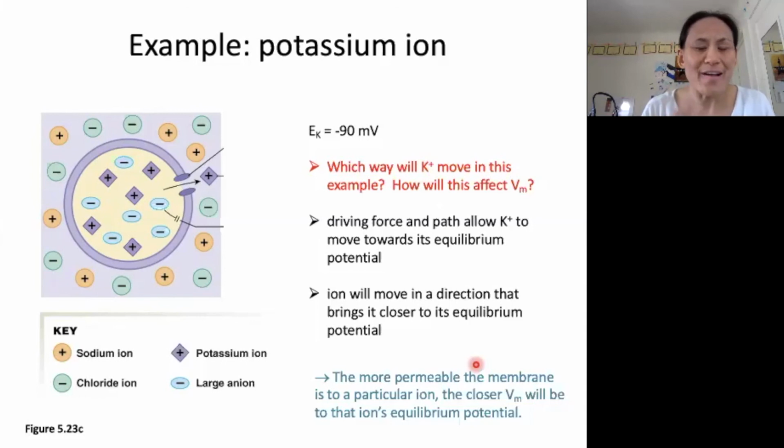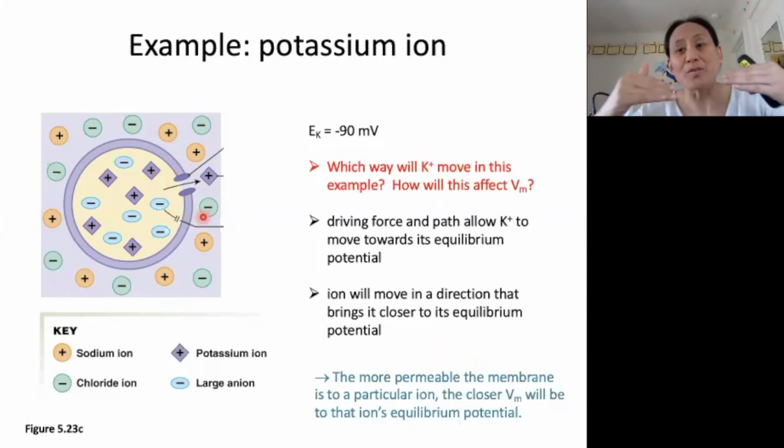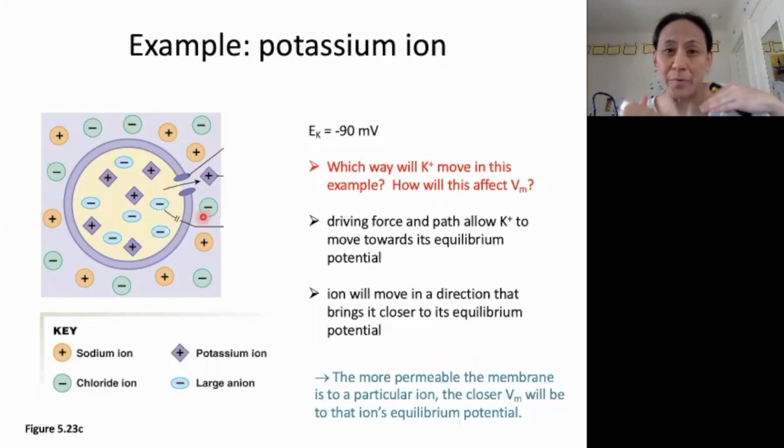But no matter how badly that ion wants to move towards equilibrium, its ability to move is going to be governed by the presence or absence of channels in the membrane. If an ion is able to move closer to its equilibrium, then that's going to cause the membrane potential to be closer to that ion's equilibrium potential.